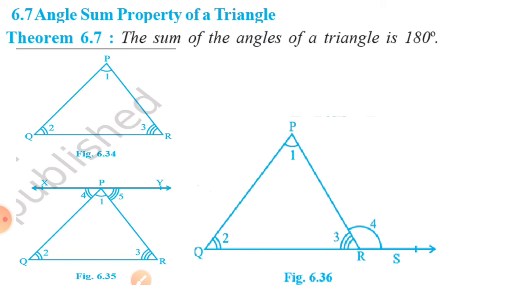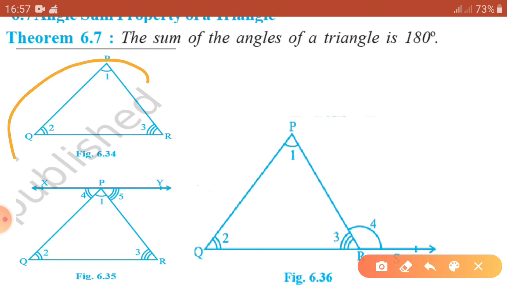Now to prove it, let us see what is given in the statement above, that is the hypothesis, and what we need to prove. We are given a triangle PQR here. Okay, and angle 1, angle 2 and angle 3 are the angles of this triangle PQR.